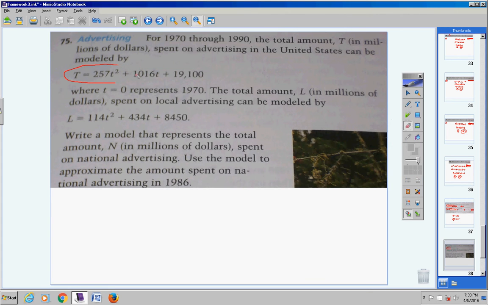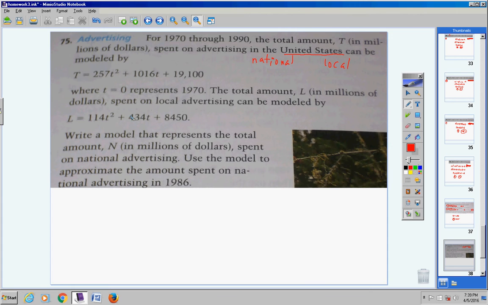So here's what we have. We have a model right here that gives the total amount of dollars spent on advertising in the United States, whether it was a national commercial or whether it was a local commercial. Got it? That's the total. Now this model here shows you the amount spent on local advertising.